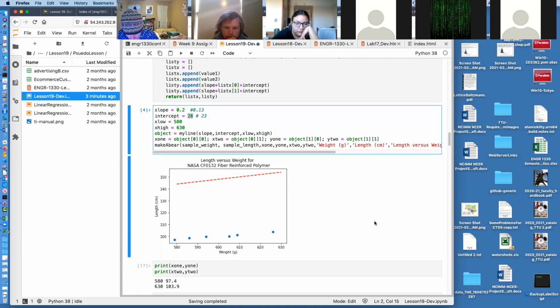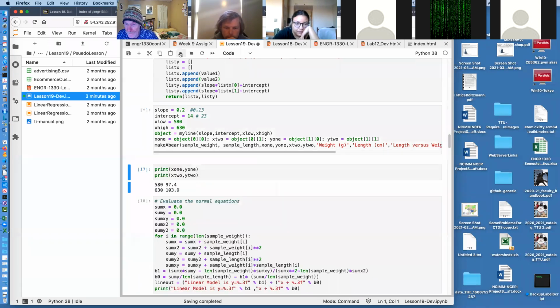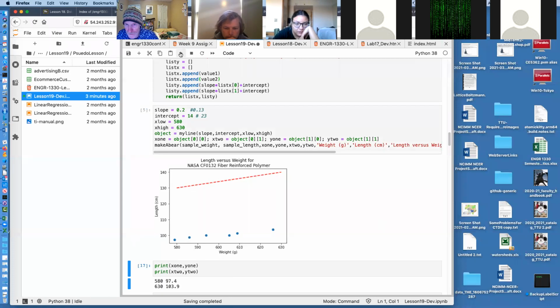So half of 28 is 14. If we do that, our red line will end up below the blue dots. Oh, actually, half of 14 is 7.